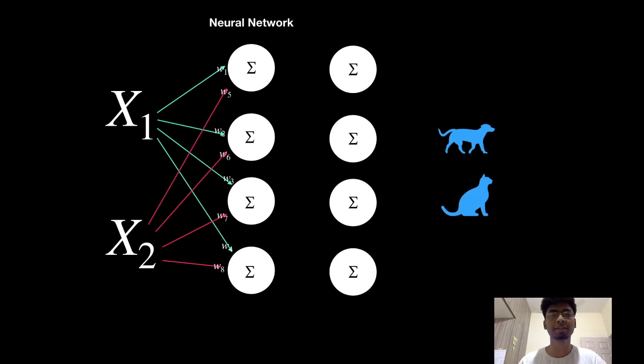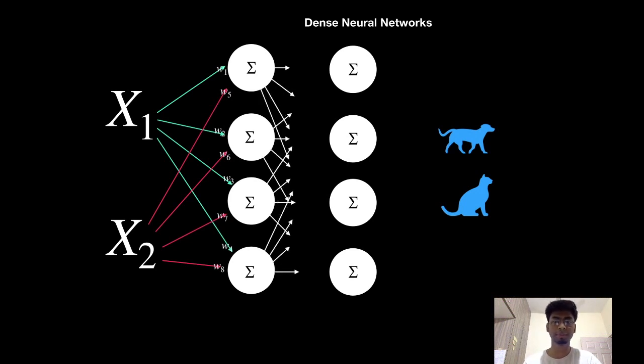When you have multiple layers of neural network, that neural network is known as a dense neural network. Now the same procedure will happen once again. The output of each neuron will become the input of the next neuron in the next layer, just like this.